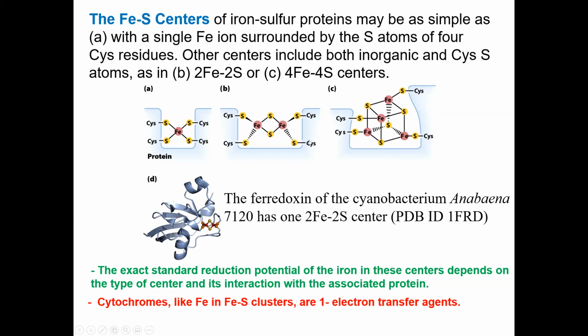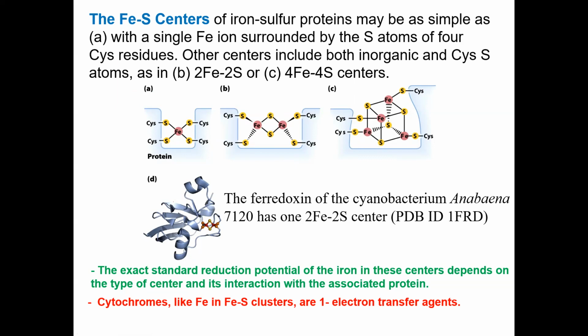This one in B is called a 2 iron 2 sulfur center, because you have 2 irons, which you can see in the pink, and 2 inorganic sulfurs in the middle. That's how the nomenclature works.